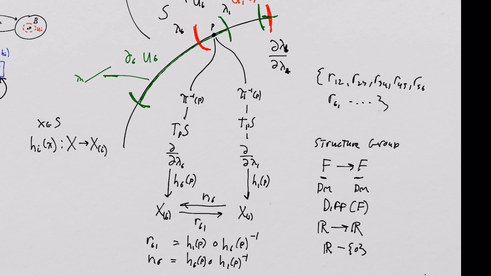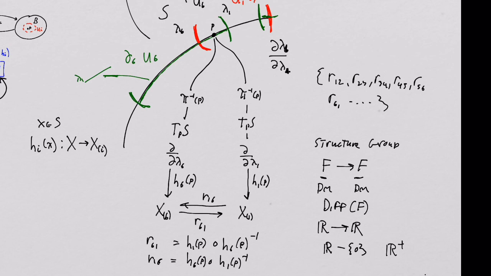That will mean I can take all the possible transition functions, which are just these real numbers in our case, and I'll notice they'll always be positive numbers. So I don't need all the real numbers minus 0. All I'll need are the positive ones, and that's a much smaller structure group, so that's really good.